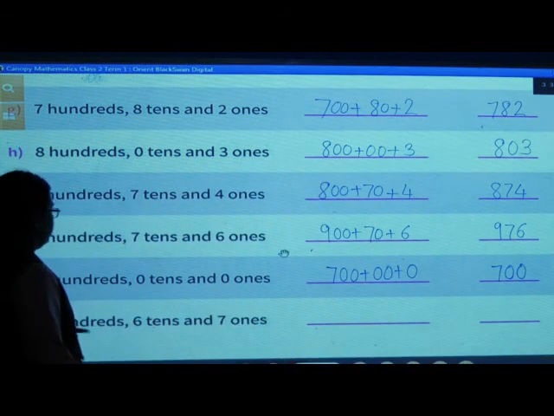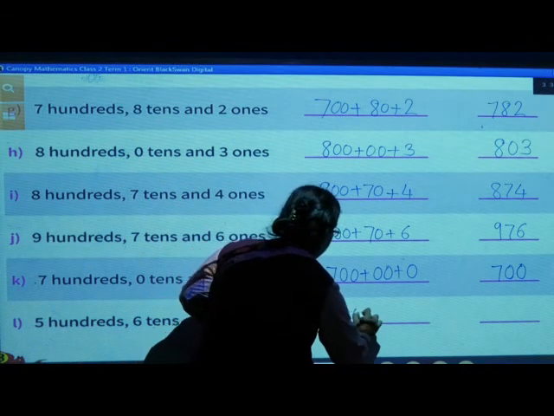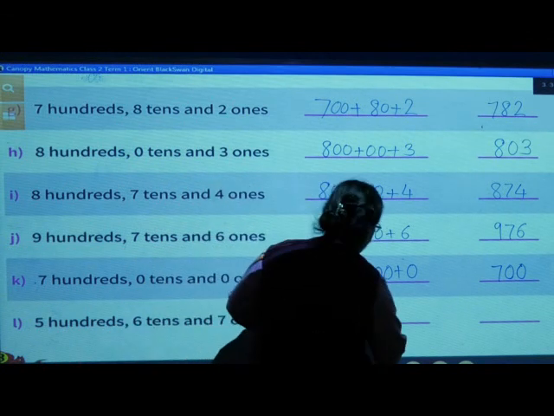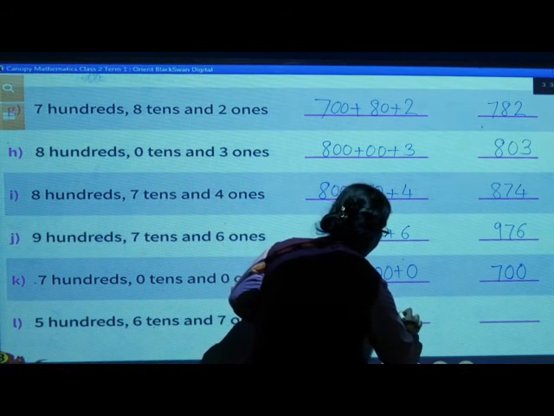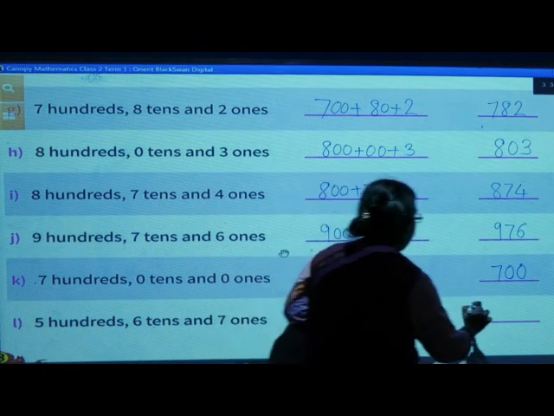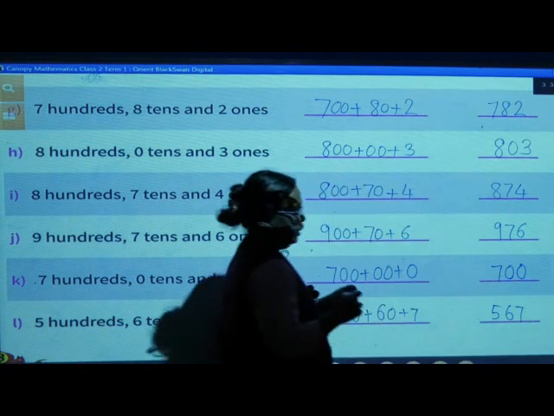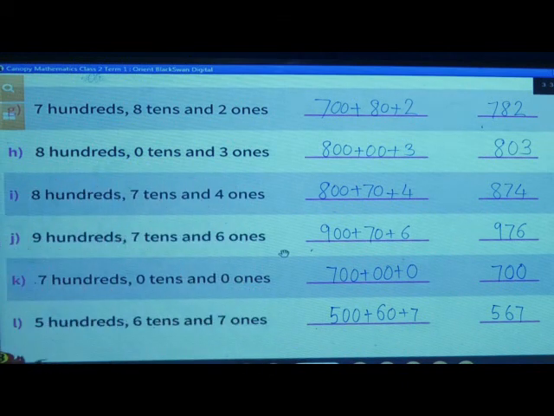Then next 500 plus 6 tens plus 7 ones. 5, 6, 7. Okay, we will repeat one more time, children.